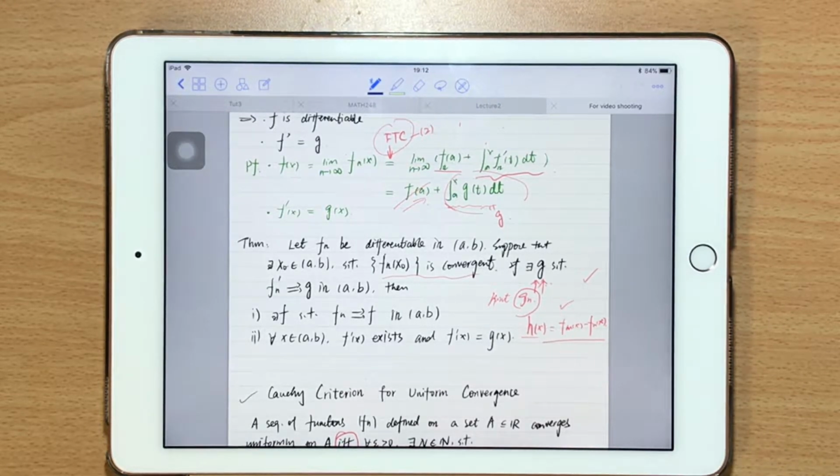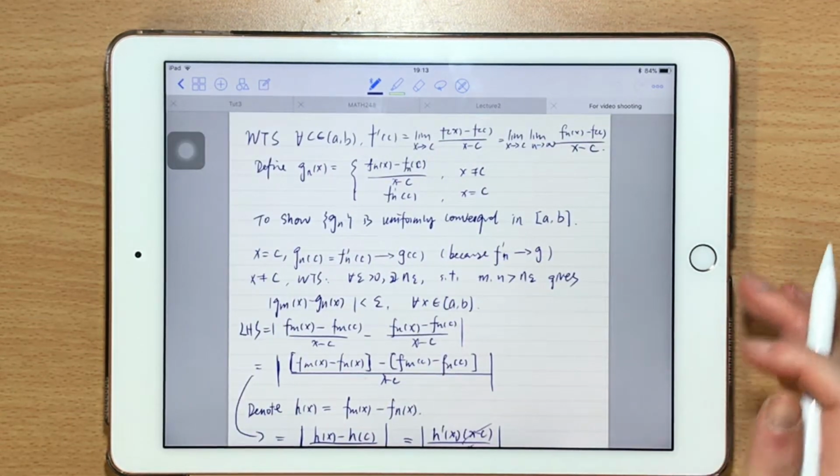So we first construct such a function, in a very obvious way, because we know that f_n prime converges uniformly to g. Then we show that the sequence of functions f_n converges uniformly to the limit function f.